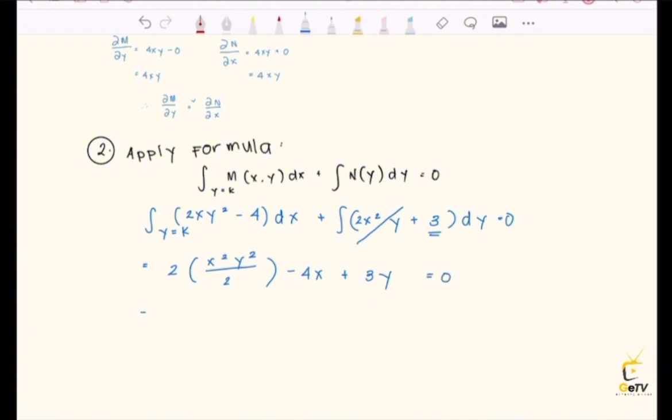We will simplify it and this will become x squared y squared minus 4x plus 3y, plus c equals 0, and this will become our final answer. So that would be all.